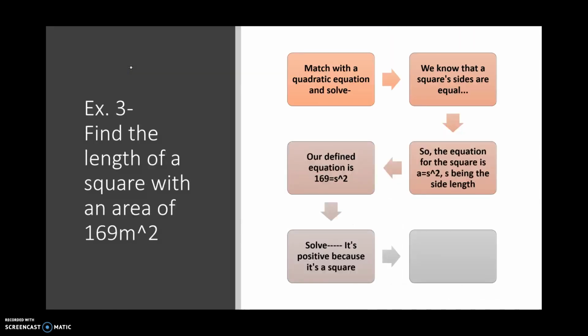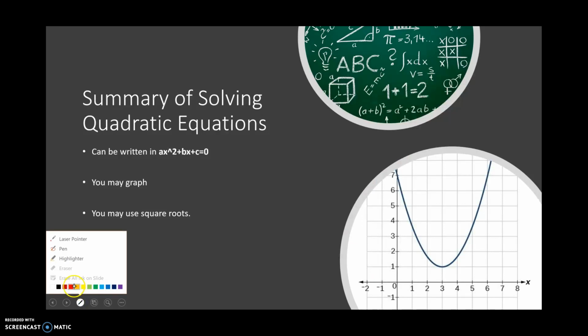Area equals the side squared, correct? So next up, we know that a square's sides are equal, so s times s equals the area, 169. So our defined equation is right here, 169 equals s squared. So the equation for the square is A equals s squared.